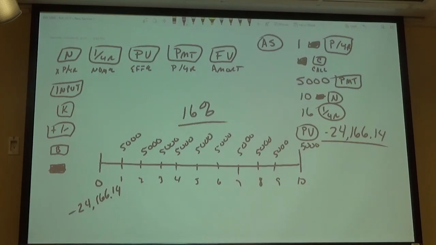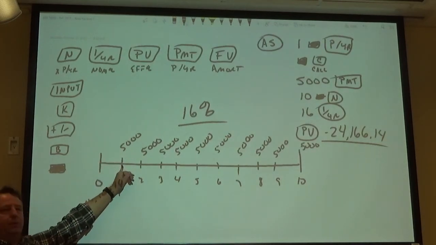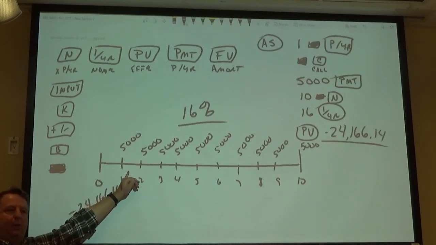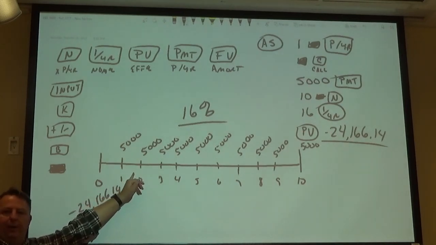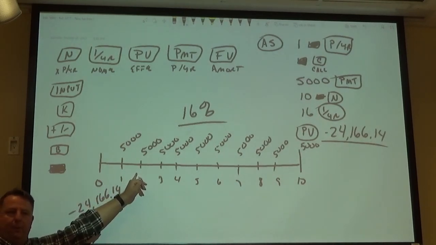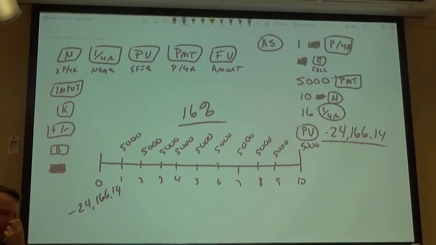Because the assumption, if you read the question, and also we're going to talk about this a little bit, is the cash flows typically are going to occur at the end of the period or end of the year.